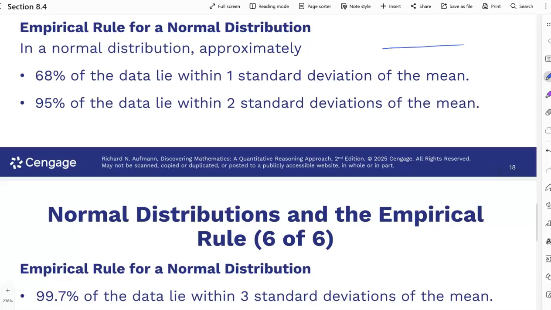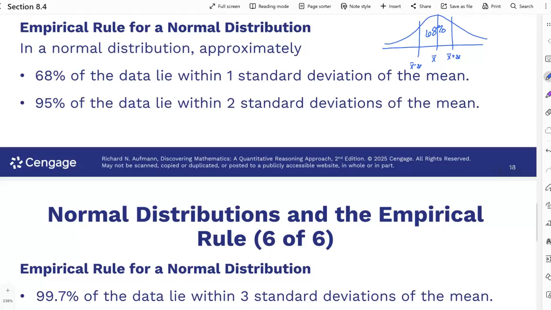And what that means is if I were to take my normal distribution, and this is my mean, and I'm going to use sample notation here, if I were to go to the left and to the right 1 standard deviation, I'll use s for standard deviation since that's what we're talking about with a sample, whatever these values are, I'm guaranteed that 68% of my data has to live in that area.